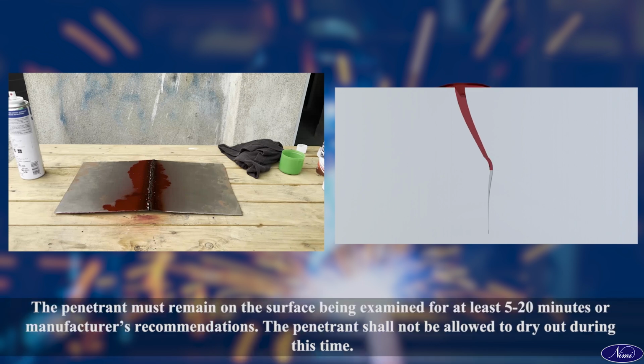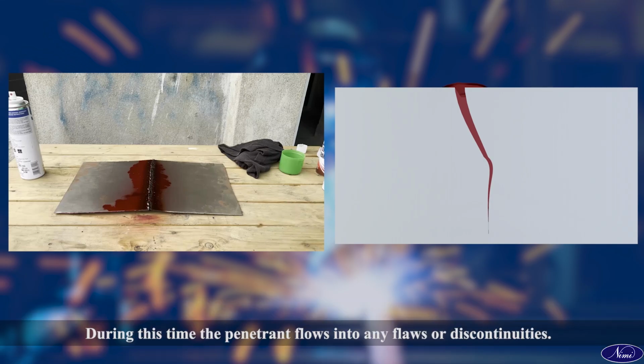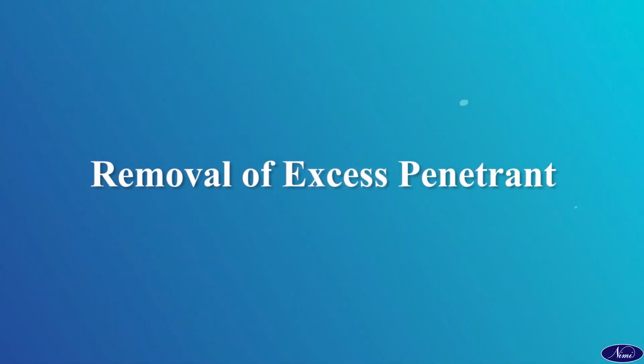The penetrant must remain on the surface being examined at least 5 to 20 minutes, based on manufacturer's recommendations. The penetrant shall not be allowed to dry out during this time. During this time, the penetrant flows into any flaws or discontinuities.